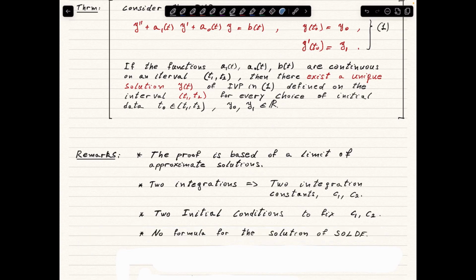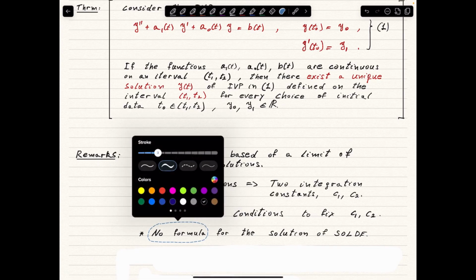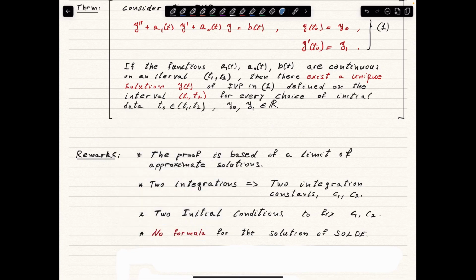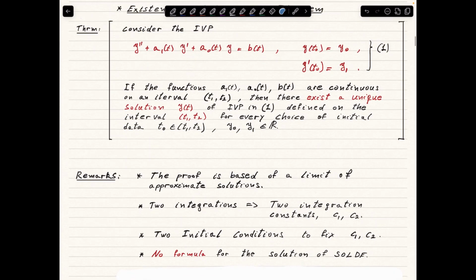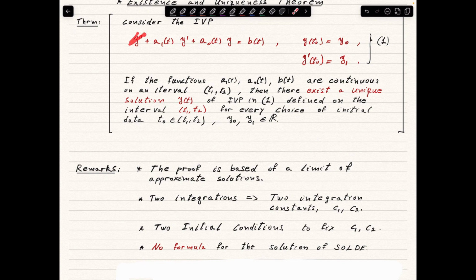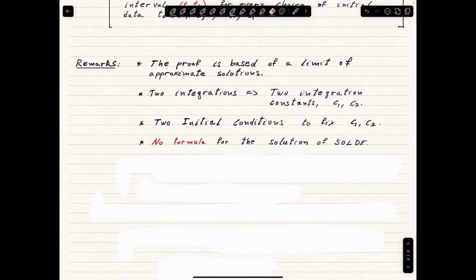So maybe we should highlight this in red just to emphasize that we don't have a solution formula, and this is kind of unusual because for first order differential equations, so equations where we didn't have this term here, and let's suppose the coefficient is 1, or we divide by this coefficient, for these equations we have a formula for the solutions. And as soon as we put in the second derivative, we are not able to find a formula for the solutions anymore.